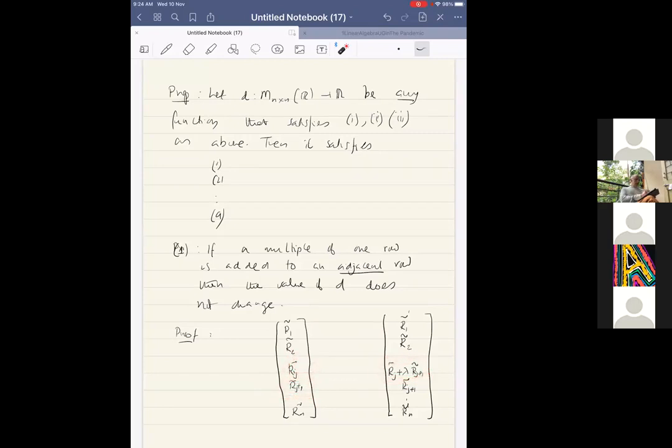And what does part 1 of the proposition say? It says that if you have any function D that satisfies the properties proved for the determinant in the theorem, it will have the property that D of this matrix is equal to D of this matrix. That is what we need to prove.